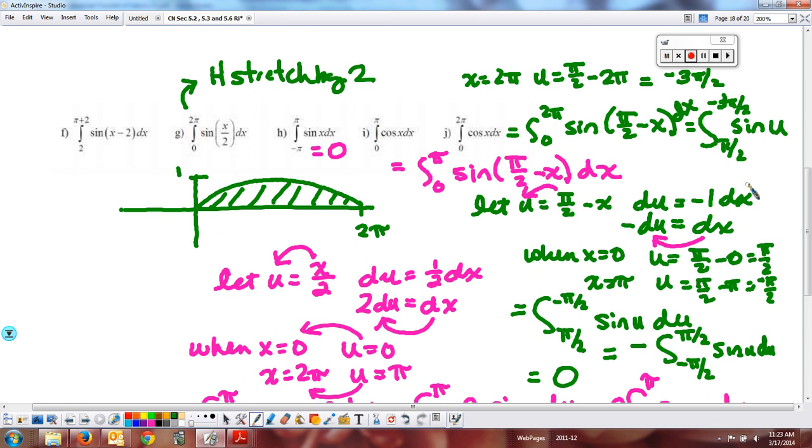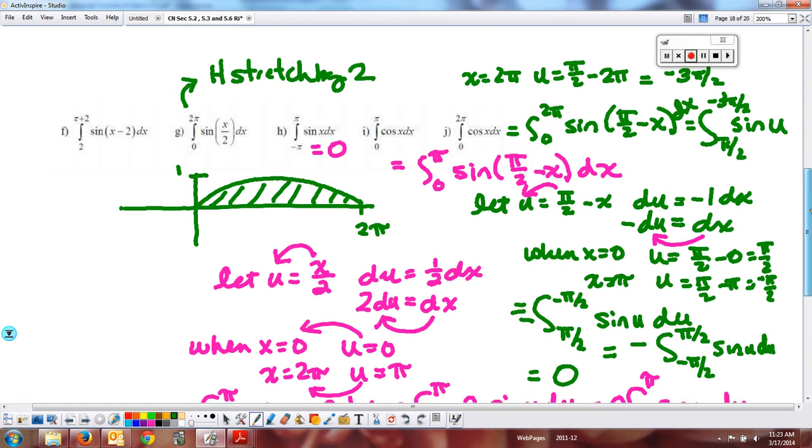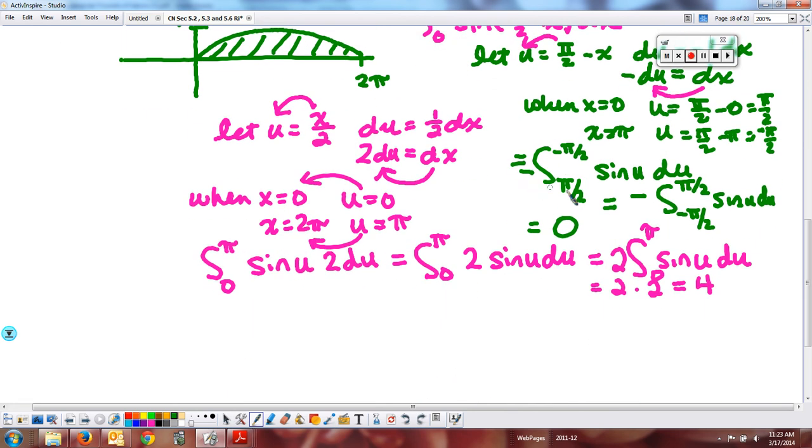Oh, you know what I didn't do? Did you see this little negative that I forgot to substitute in? That should have been a sine of u negative du, which I could pull out. And that actually makes this nicer because then I have a negative times a negative, which makes it positive, although it didn't matter in this case because I got an answer of 0.